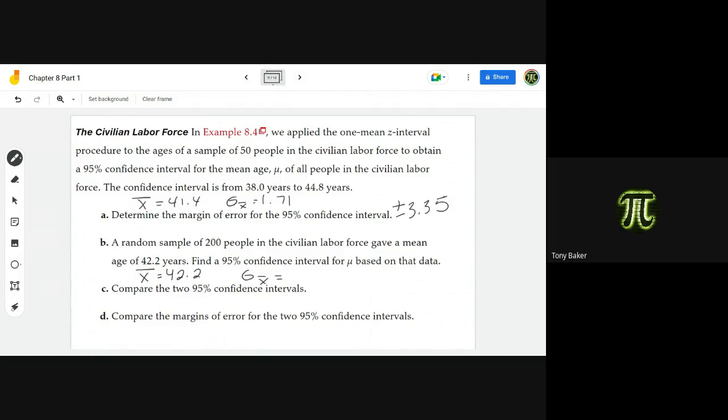So my new standard deviation, 12.1 divided by the square root of 200, is what? I got 0.8555. It kept going, so 0.86. All right, so find my confidence interval for this data.